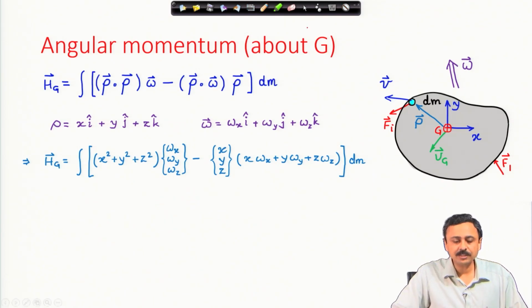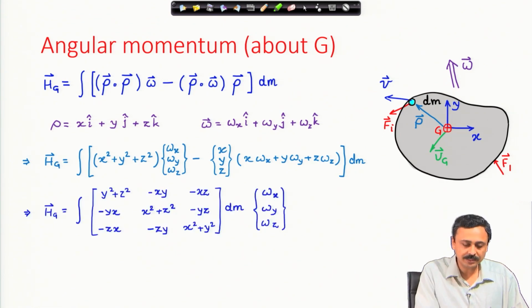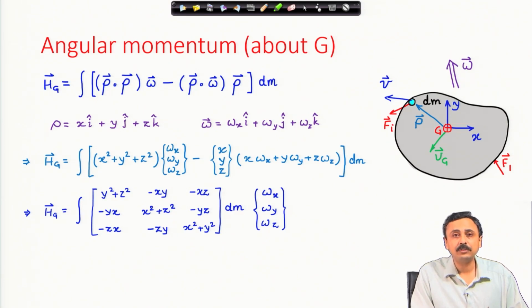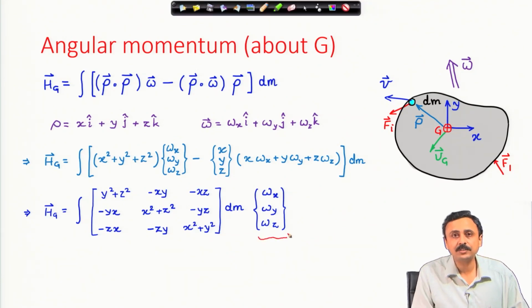If you do an algebraic step and simplify the whole expression, then this integral turns out to be the integral of this matrix. What I have done is pull out the omega vector, which has nothing to do with this mass integral.